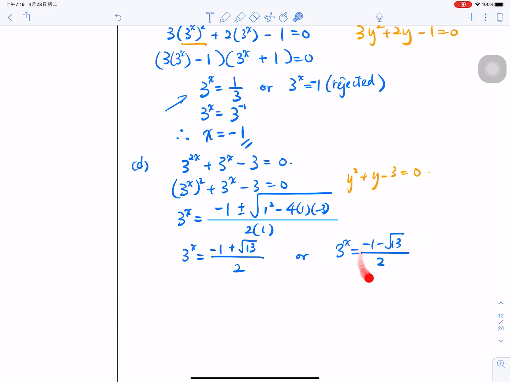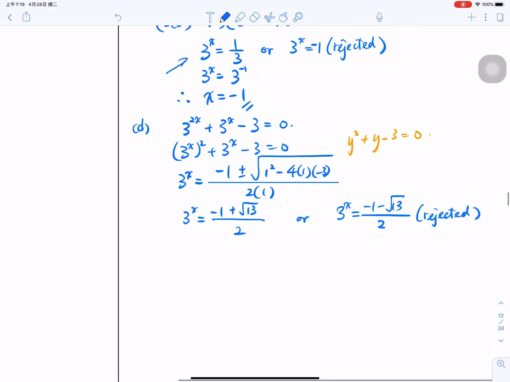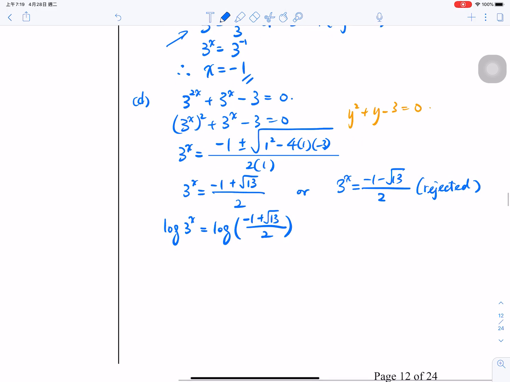This side is a negative value again, so we reject this part, leaving only the left-hand side. Both sides take log. Remember, it's better to write at least one step.